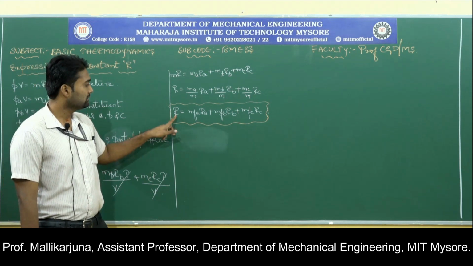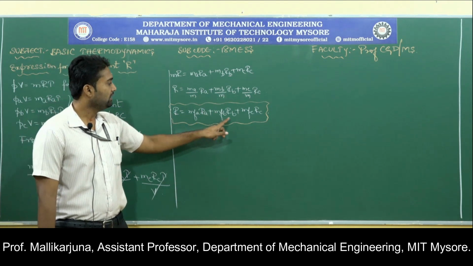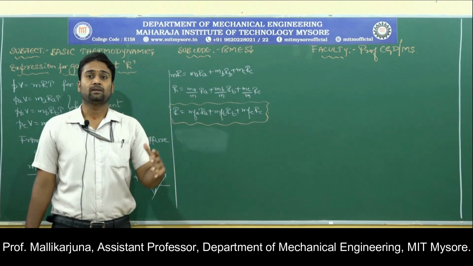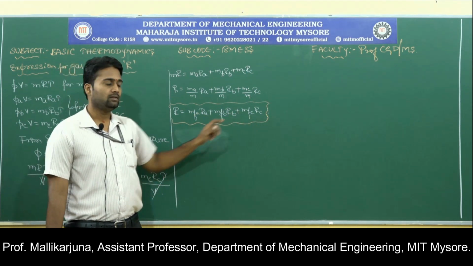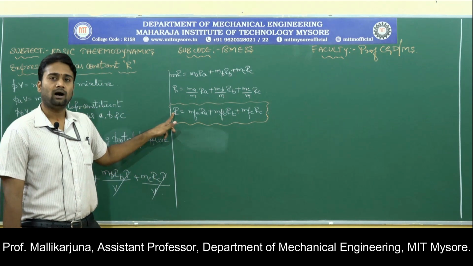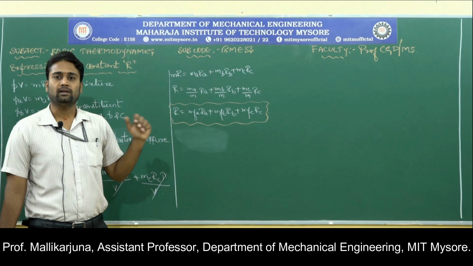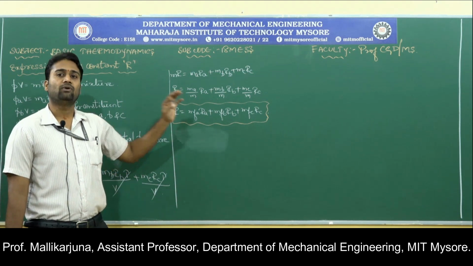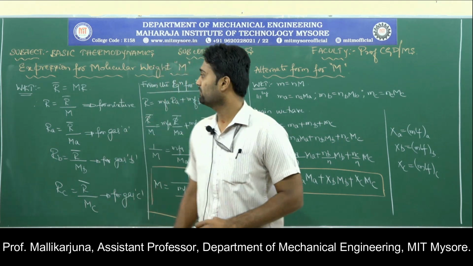The mixture's gas constant is totally dependent on the individual constituent gases' gas constants. If you are aware of RA, RB, RC, then you can easily extract the value of R for the mixture. So this is the main equation that I need to remember in order to calculate R for the given mixture. Okay, let us look at the next equation.